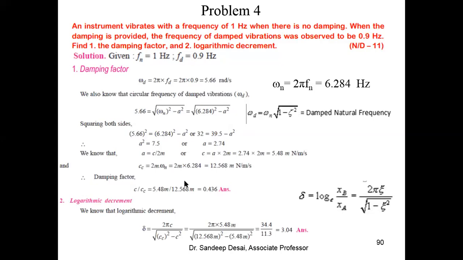So it is for very sure that if you are able to determine zeta first, you can calculate delta. Don't use these other formulas. This will take much time. Use this. So our job first is to determine zeta, C by Cc. But for that, we should know C and we should know Cc. So Cc is equal to 2m into omega n.